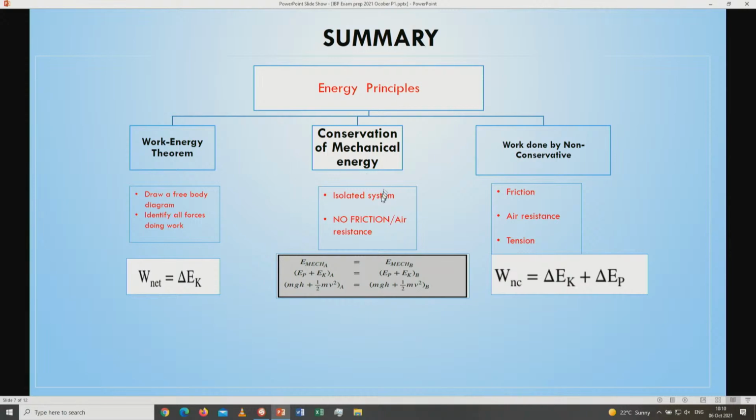Once the system is isolated, I am looking for keywords like no friction, no air resistance. Once this is said in the statement, it becomes easy to say conservation of mechanical energy can be applied. If friction is there, then conservation of mechanical energy won't work.